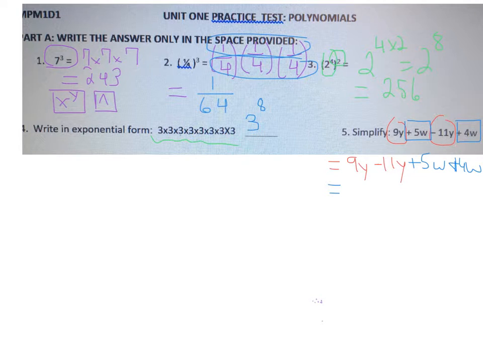That's the same as integers. If we have 9 positives and 11 negatives, the negatives win by 2, so negative 2y. If we have 5 w's plus 4 more w's, we have 9 w's. So we're going to get a binomial answer when we simplify that polynomial, negative 2y plus 9w.